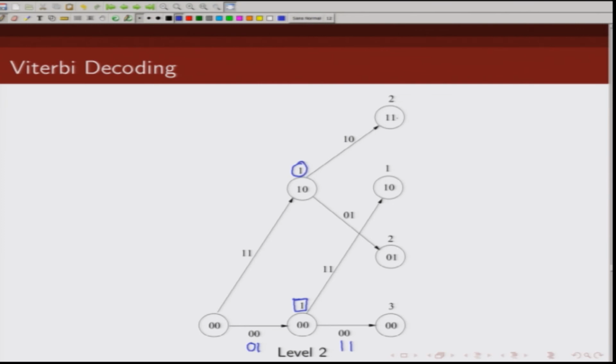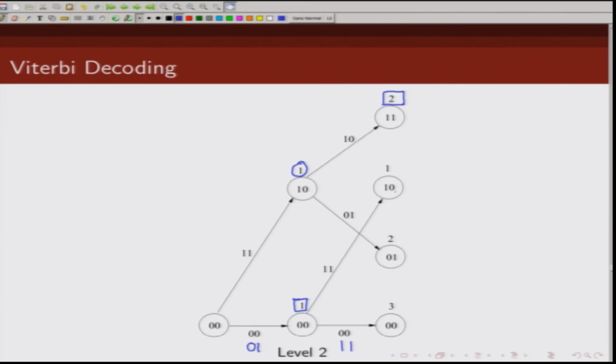Now, what is the path metric here? This is equal to the partial path metric at this time plus the branch metric corresponding to this. So, this is 1 0 and what we received was 1 1. What is the Hamming distance between 1 1 and 1 0? That is 1. So, 1 plus 1, so 2. So, this will have a path metric of 2.